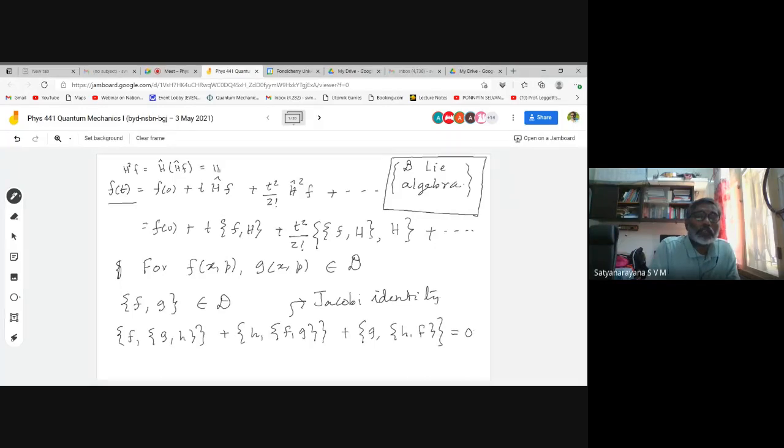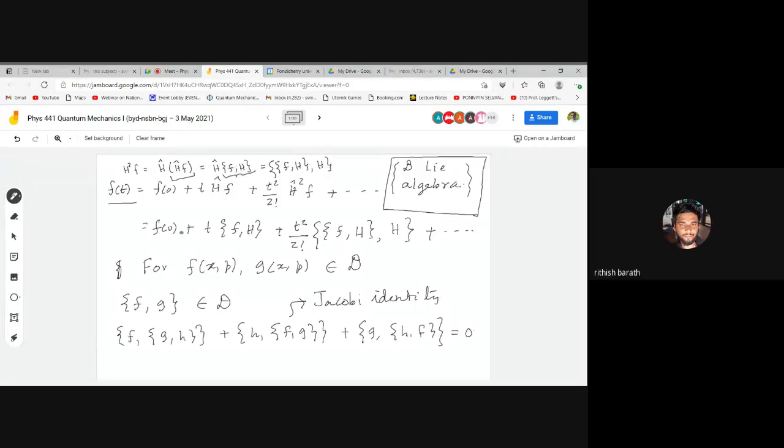H acting on F is basically the Poisson bracket of F with H. So H acting on this one is basically the Poisson bracket of the Poisson bracket of F with H, with H. I am just using this definition of HF equal to the Poisson bracket of F with H. Now this is like a new function, and that new function has a Poisson bracket with H. Okay, sir.